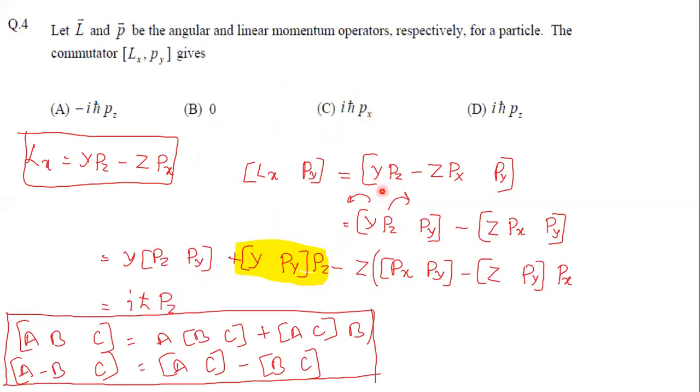Now to solve this problem, we need to know these three formulas and also the commutator values: which commutators commute and which do not. The commutator of a position and the momentum in the same direction will not commute, so its value will not be equal to 0. And these two commute, these two also commute.